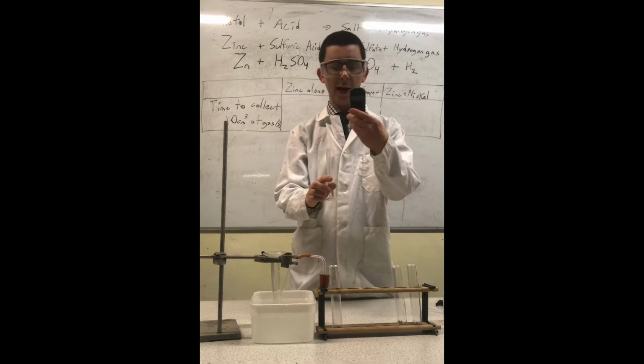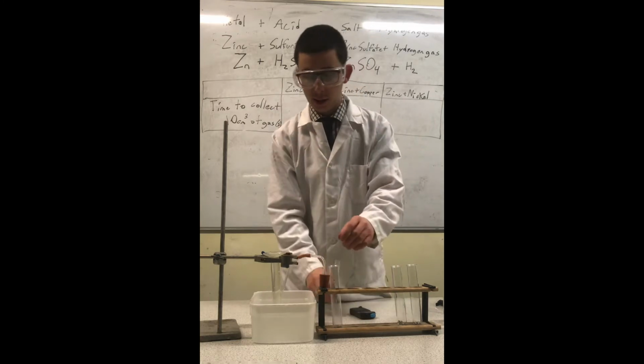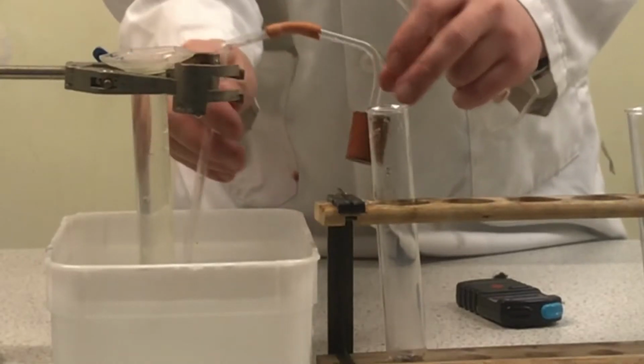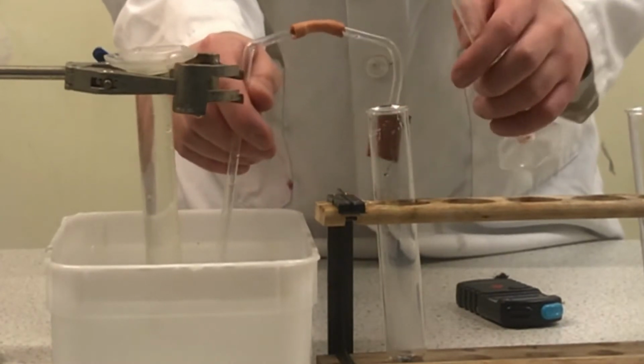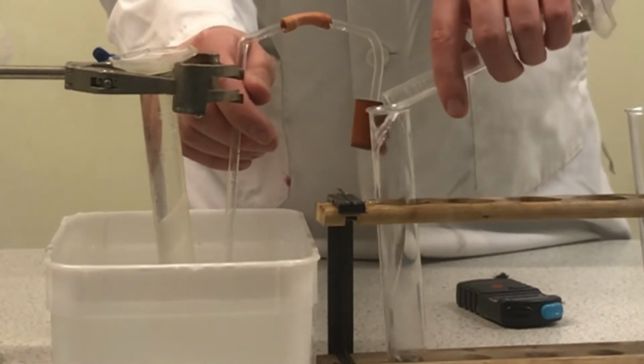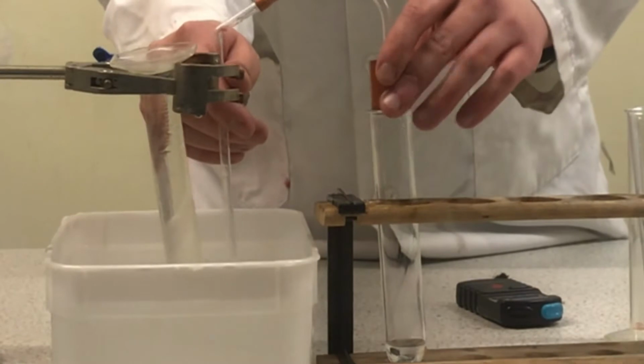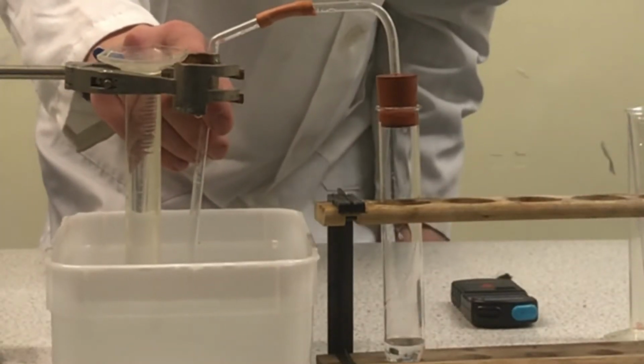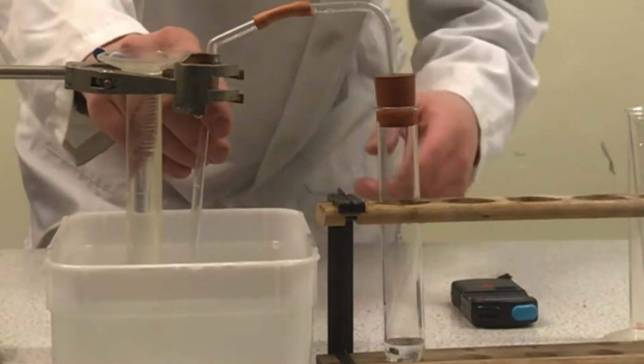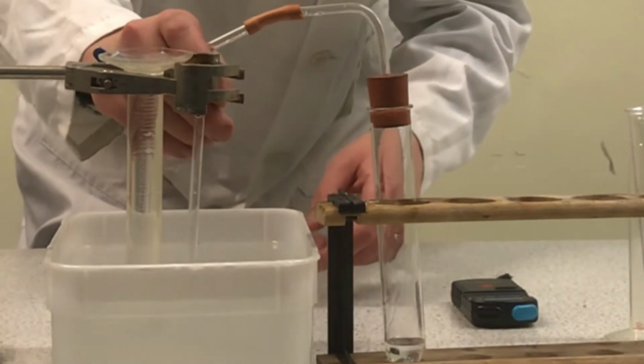Now, as soon as I add my acid to the zinc, I will have to start the timer to time how long it takes to produce 10 centimeter cubed of gas. So you can see very small bubbles of gas are being produced.